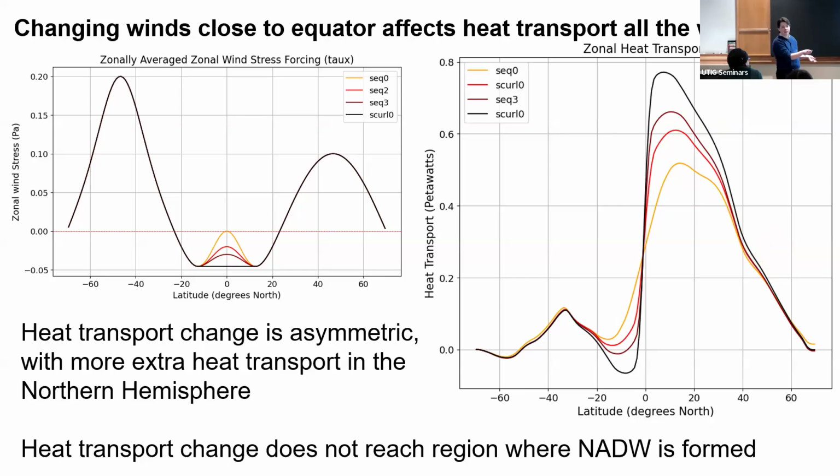But I don't know that it's necessarily going to impact... I think you would have to do a bunch of realistic geometry simulations to really get at how that would impact the transport of heat all the way to the far north, because it's likely to be pretty geometry dependent, how much heat gets across that boundary between the subtropical gyre and the subpolar gyre, I would think.